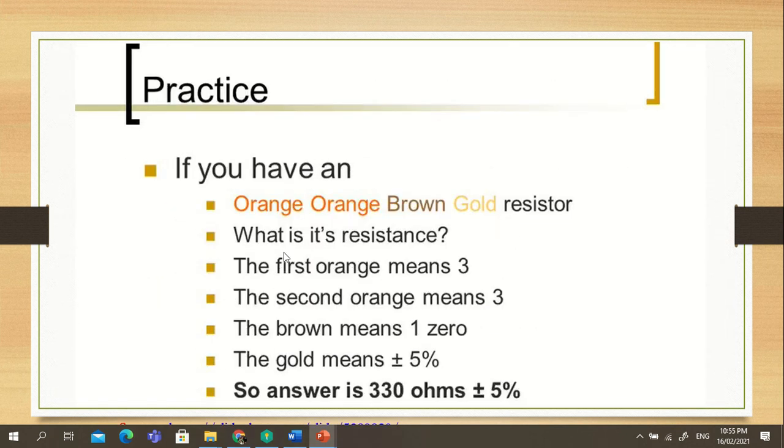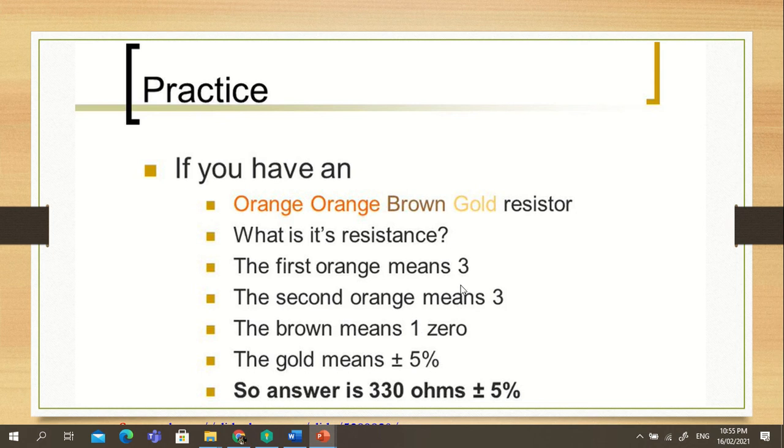So for the resistance, the first orange is 3, the second orange means 3, and the brown means 1, meaning times 10 to the 1, that is equal to 10. So 10 to the power 1 is 10.